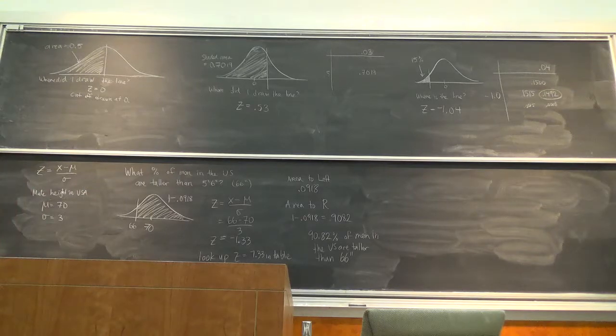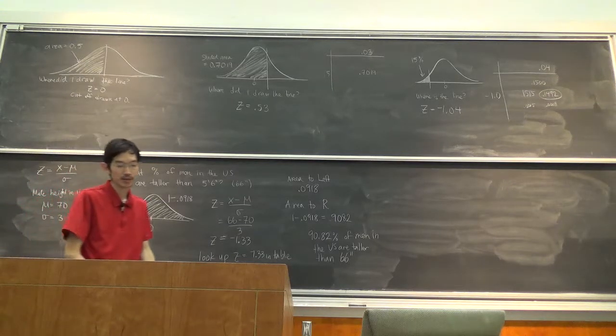When you look at 1.33 in the positive, you get 0.9082. Is that always true? When you look at positive 1.33, yes, because it's symmetric. If you're very comfortable with flipping images around in your brain and keeping track of positive and negative signs, sure, you can do this.